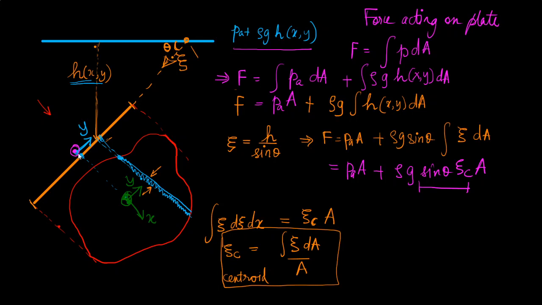So suppose this is xi centroid. So xi centroid times sine theta will be the height, or the depth below the free surface of the centroid, right?